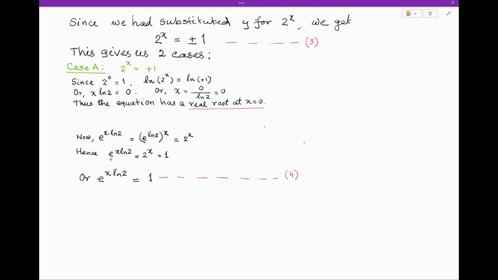So we get e to the power of x natural log 2 is equal to 2 to the power of x, and in this case we know that 2 to the power of x is equal to 1. So we get the equation e to the power of x natural log of 2 is equal to 1. Let us call it equation 4.